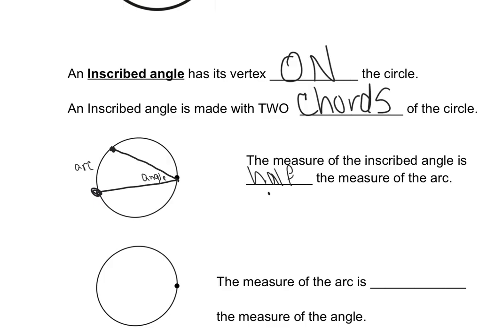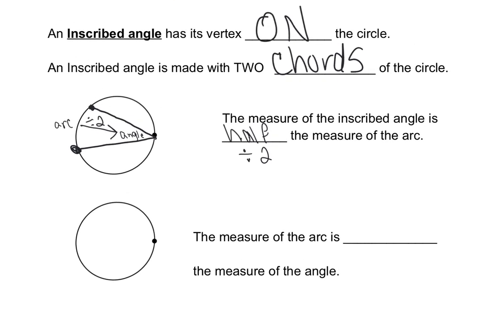So all you would have to do is divide. To do half, you just divide by 2. So if you had an arc and you were going to figure out the angle, you would just divide by 2. Okay, if you're going the other way, the measure of the arc, let's give ourselves a couple of chords here. Similar.